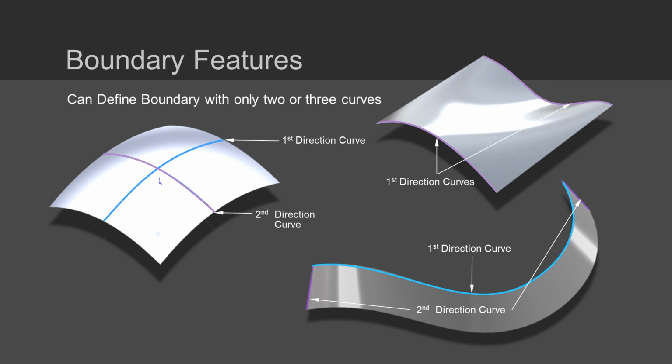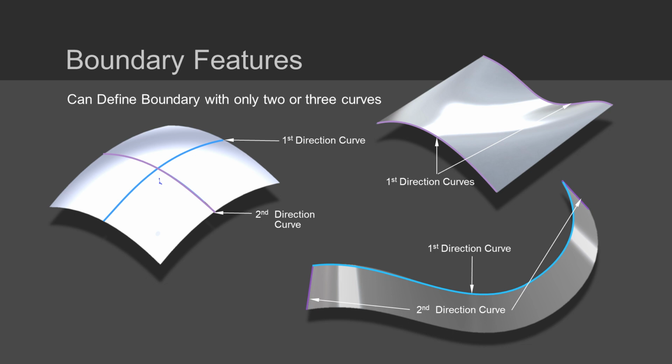So the boundary feature is versatile in that, unlike Loft, you can create a boundary between just two curves. So in this very simple surface on the left here, we have one first direction curve and one second direction curve, and from that boundary can derive a general surface.